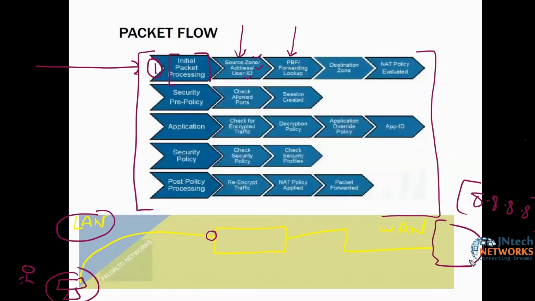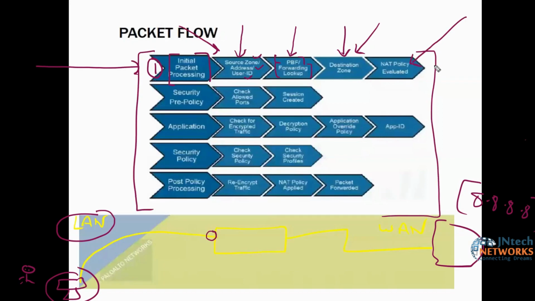So the firewall will check: is there any entry available in my routing table for this destination? It will verify the destination information in policy-based forwarding, or check the routing or forwarding lookup. Then it will verify which destination zone the traffic is going to. So the traffic is coming from which zone, trying to go to which zone.